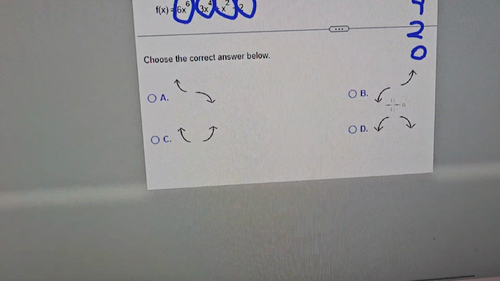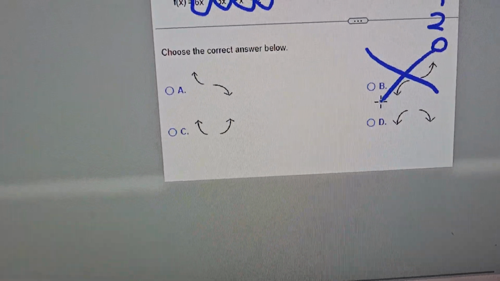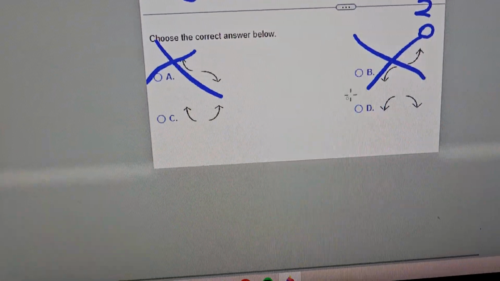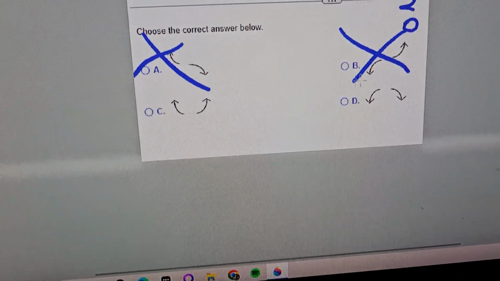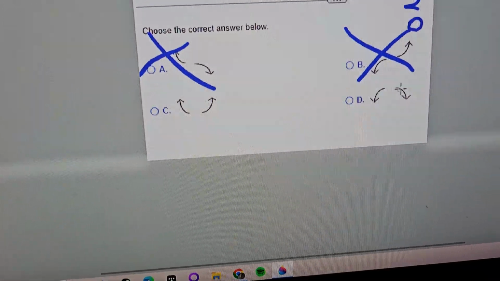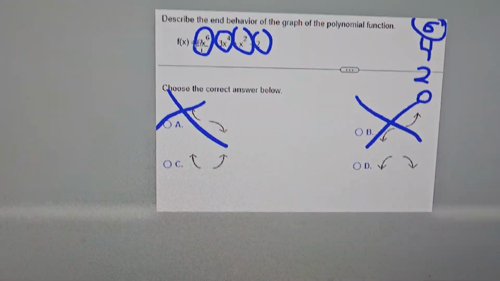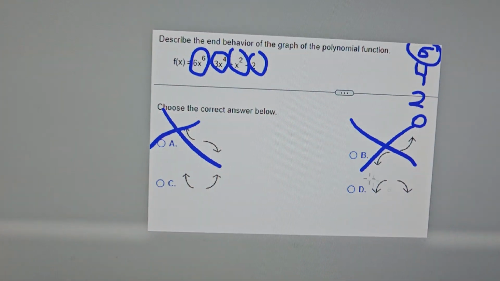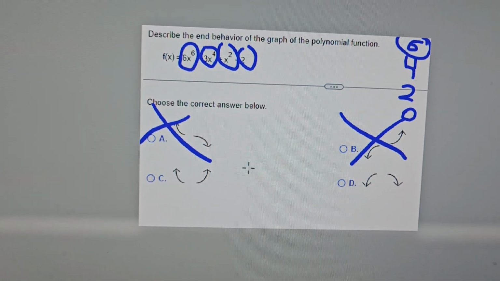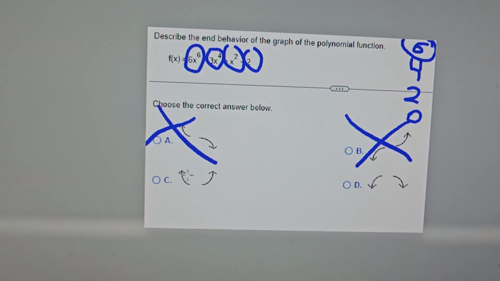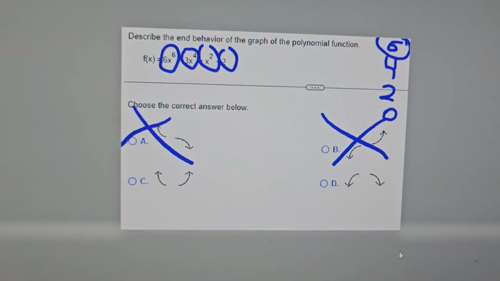So we can already rule out B and we can rule out A. So it's either going to be D or C, because we know that the degree is even, so the end behavior of the graph is going to go in the same direction.